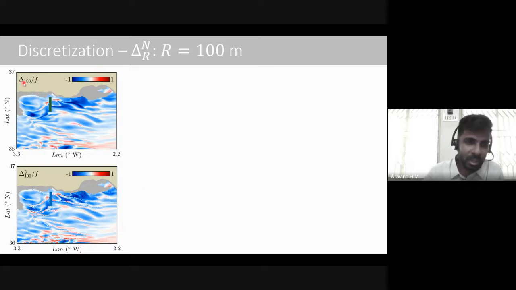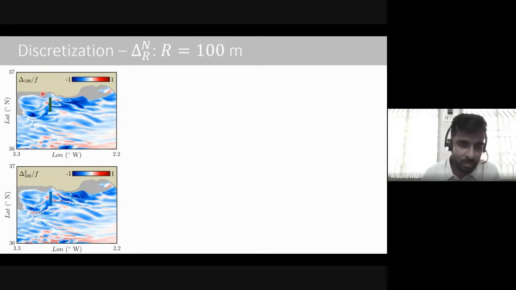On the top here, I have delta 100, which means that I've started off with fluid patches that have an initial radius of 100 meters. So for every single dilation rate measurement, I've considered a small fluid patch of radius 100 meters, and I've seen how it evolves, and that lets me compute the dilation rate.